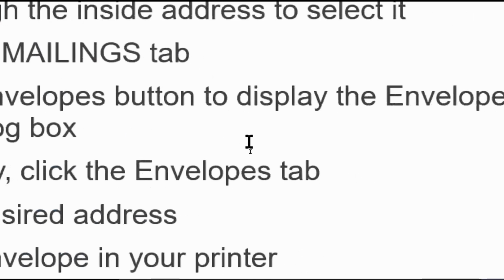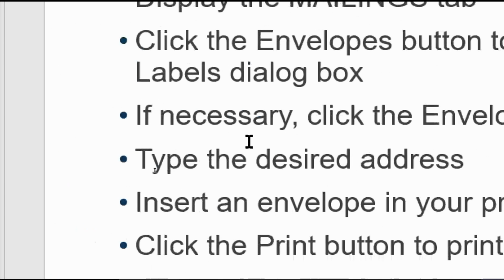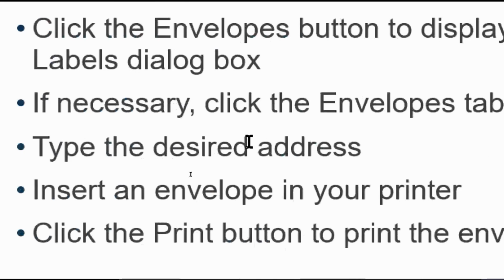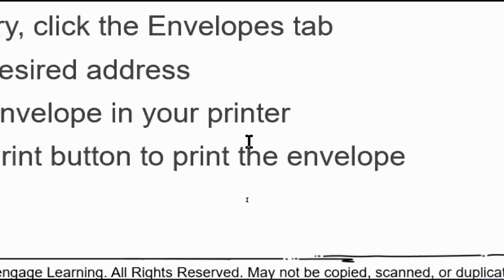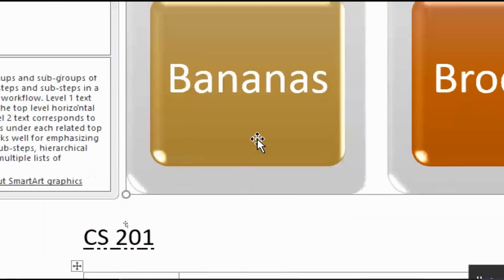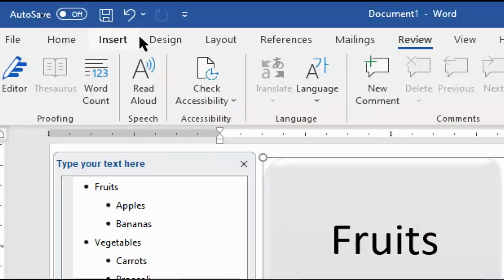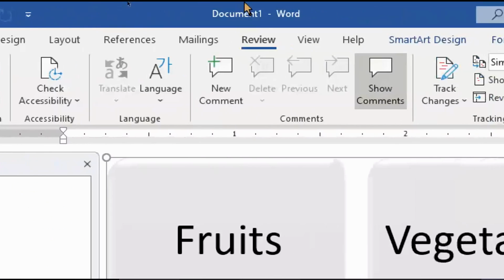If necessary, click the Envelopes tab. Type in the desired address, insert an envelope into your printer, and click the Print button, and so on. You're probably not going to be doing that in this class. You might if this were in person, but we're going to ignore that part for now.